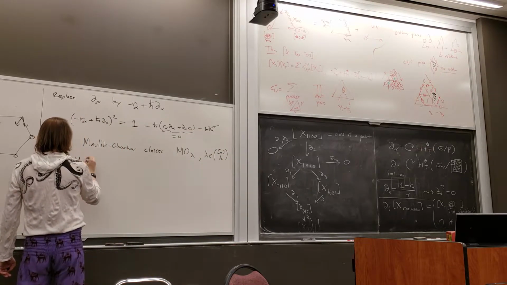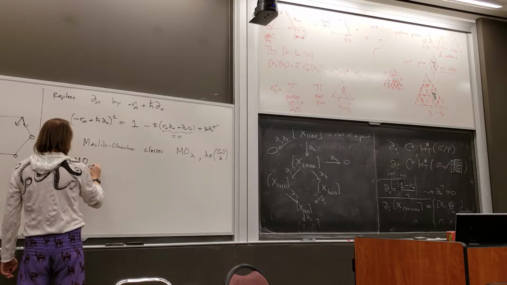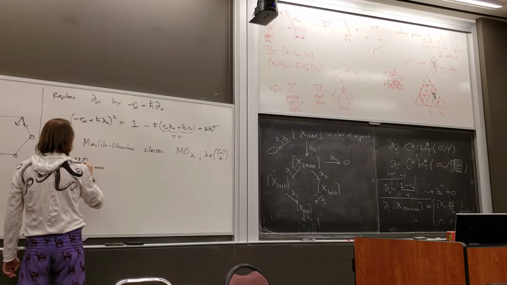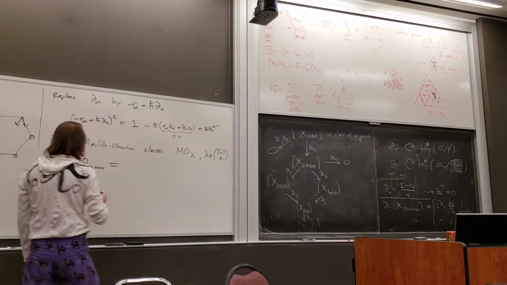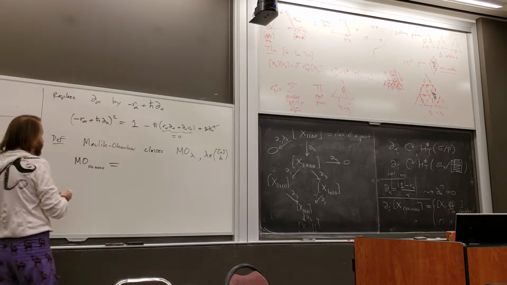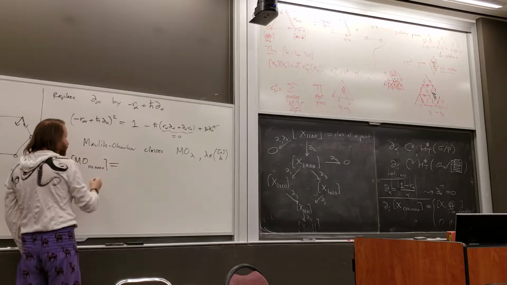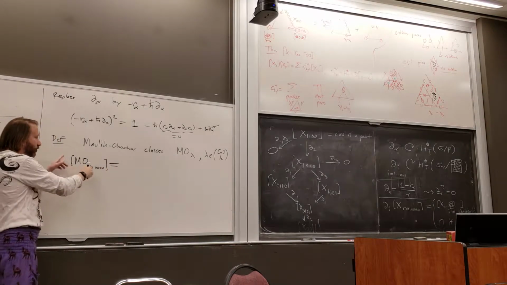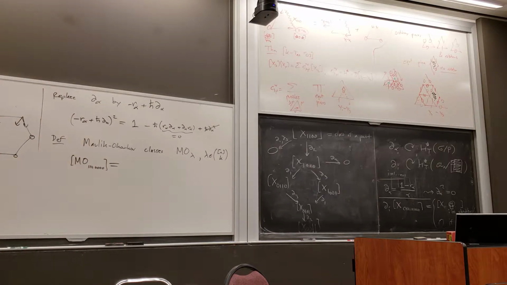So the first one, MO of all ones, then all zeros, that's going to be, and at some point I'm going to want these to be classes of something. So I'm going to put brackets here, with the version of this without brackets to be named later.